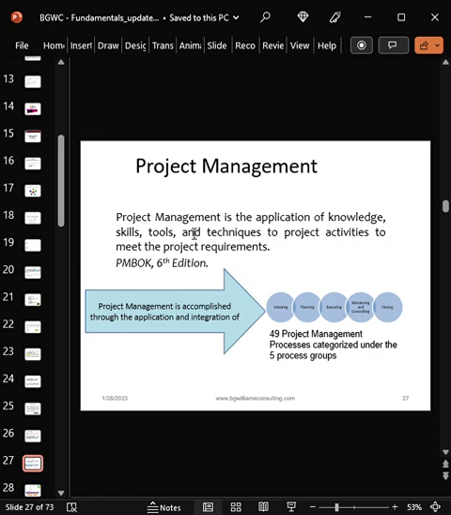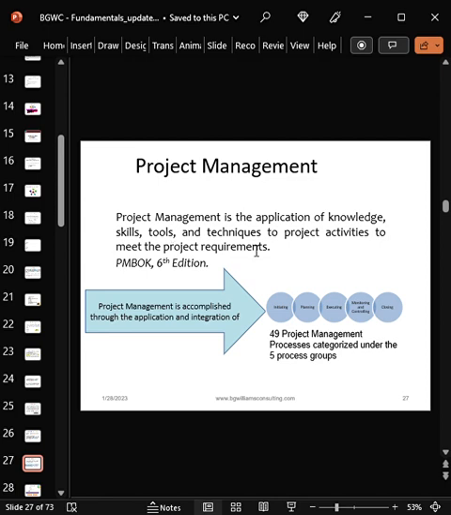Now, we also said earlier that every project is unique. So because of their uniqueness, it simply means that it is technically going to be different when we apply a certain knowledge to project A, and apply a different knowledge to project B, and apply a different knowledge to project C. So you see that all these different projects.